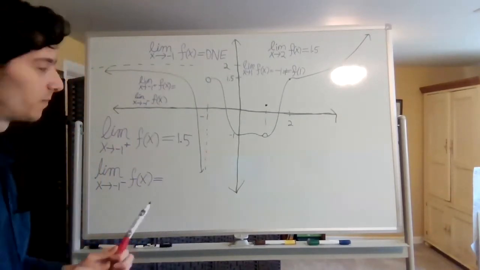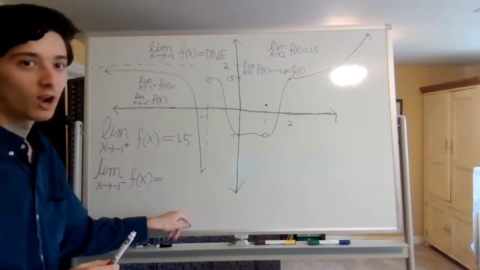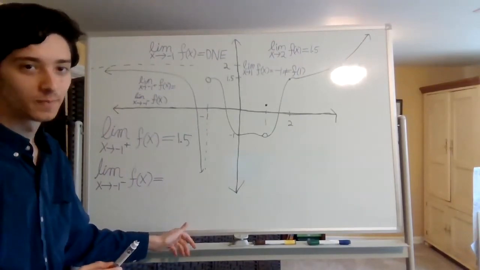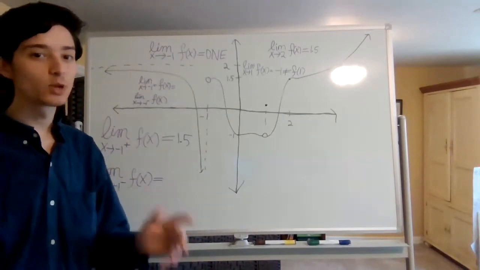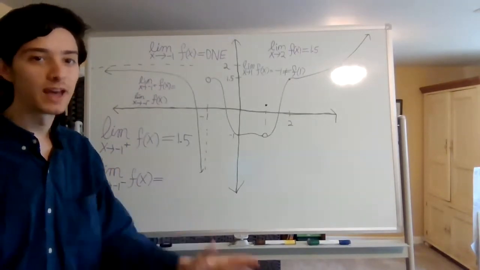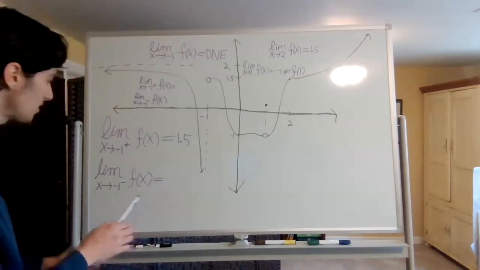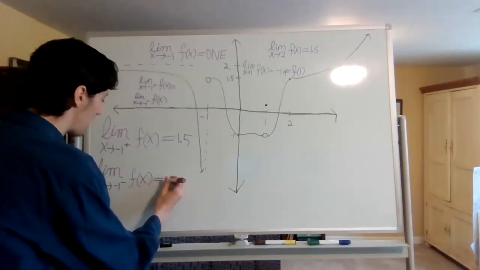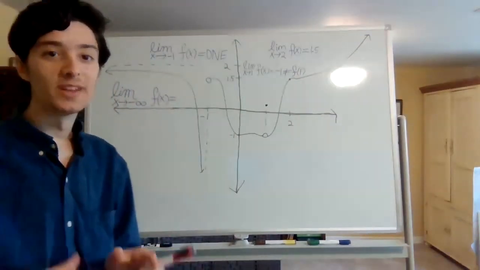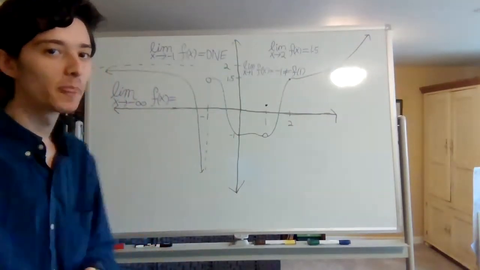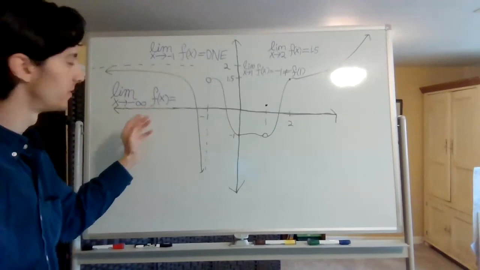But it looks like it's going to be really large in magnitude and negative. So we say then, in this case, that the limit as x approaches -1 from the left of f of x is equal to -infinity.